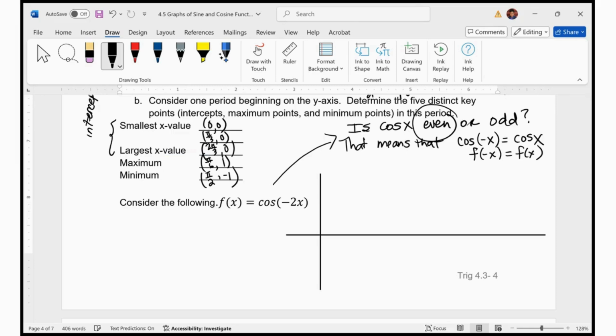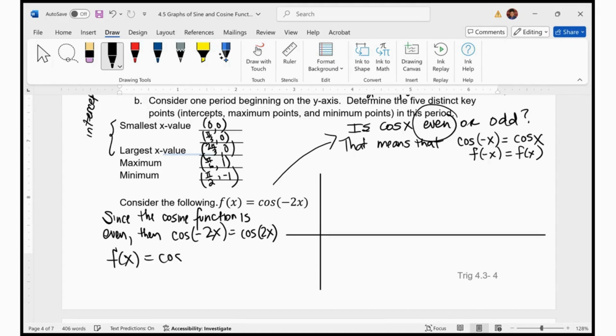So in that case, since the cosine function is even, then cosine of negative 2x would just equal cosine of 2x. So we're going to work with f of x equals cosine of 2x. It's the same thing.